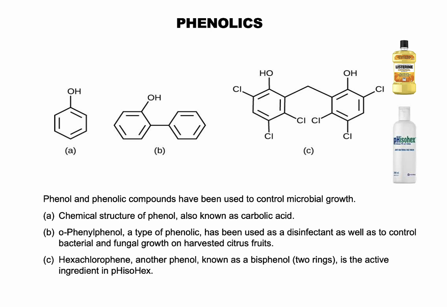Another notable phenolic compound is hexachlorophene, an active ingredient in pHisoHex, a topical detergent widely used in hospitals for hand washing. pHisoHex is effective against gram-positive bacteria, including those that cause staphylococcal and streptococcal skin infections, but its use for bathing infants has ceased due to potential neurological risks associated with hexachlorophene exposure.